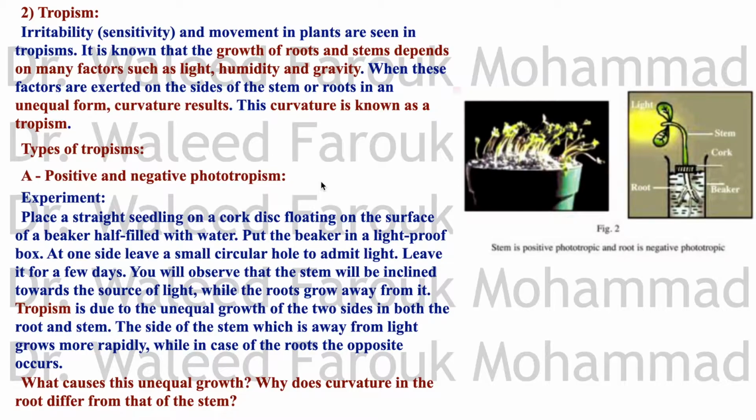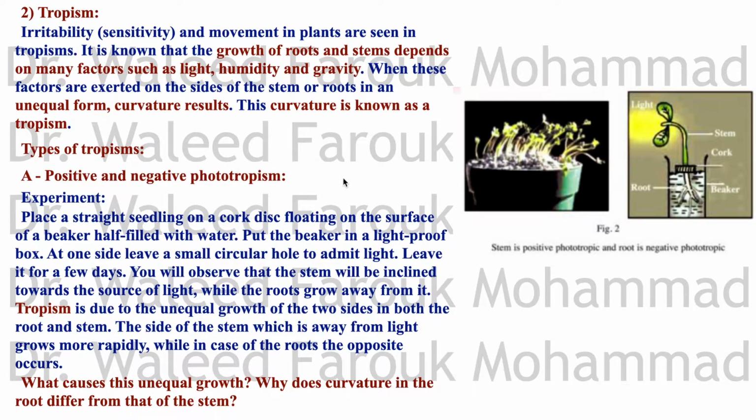The growth depends on many factors such as light, humidity, and gravity, and it's the distribution of these factors in equal forms around the plant that prevents curvatures. If it's not distributed equally around the plant, curvature results, and curvature is known as tropism.